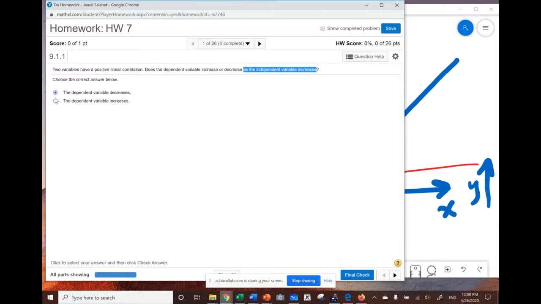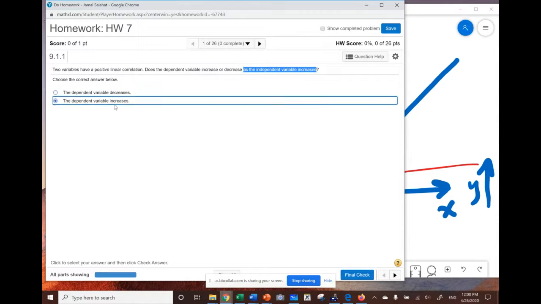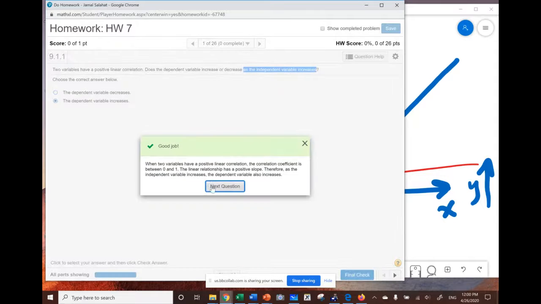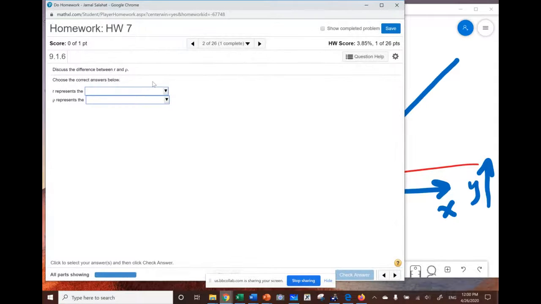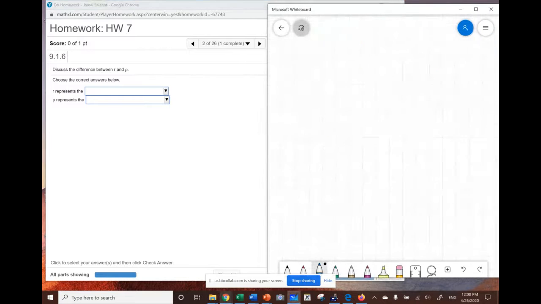We know that in this case, the dependent variable will also increase, which is part B, or the second one. As the independent variable goes up, the dependent variable will go up also. So that's the answer.